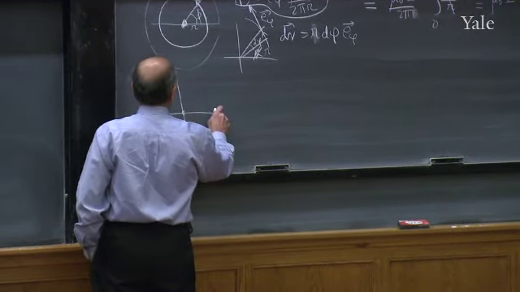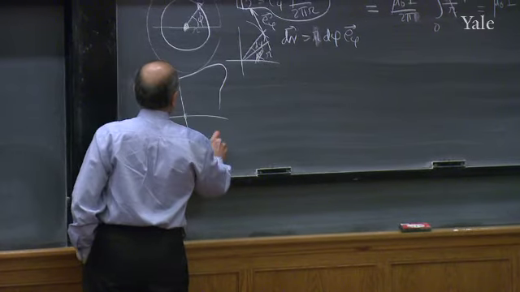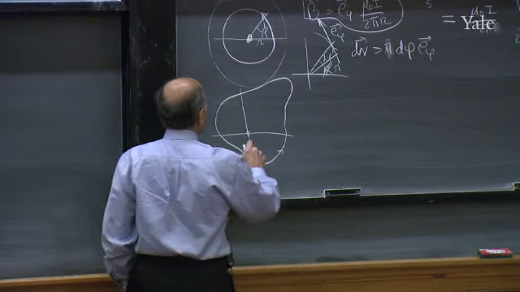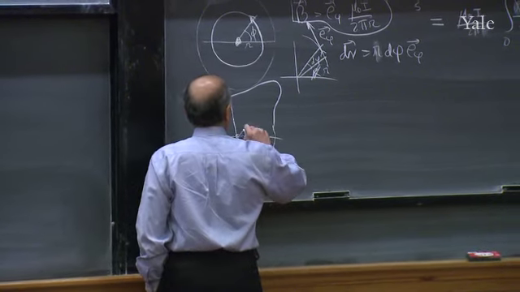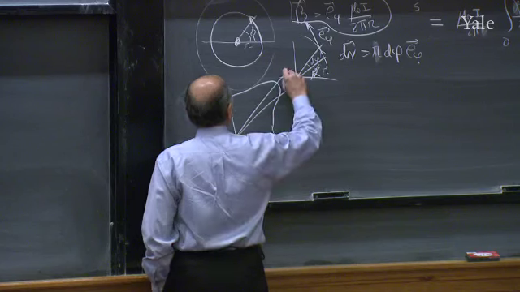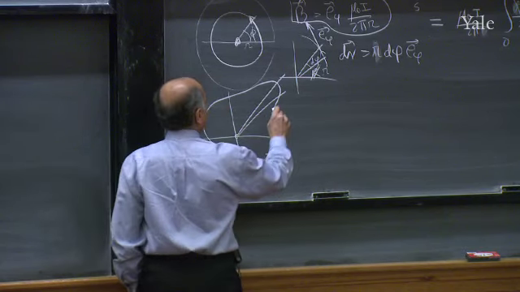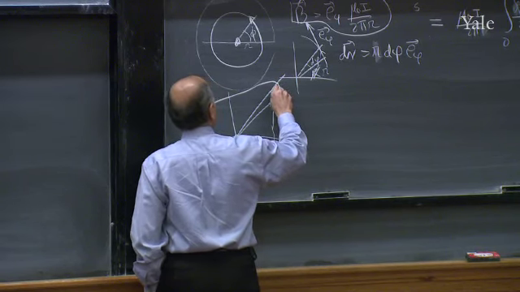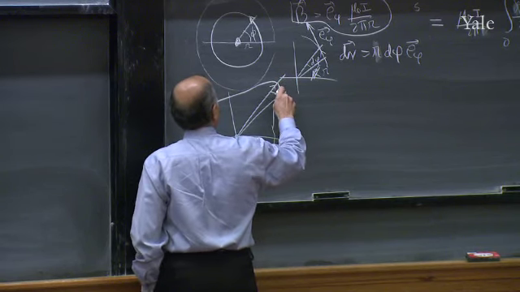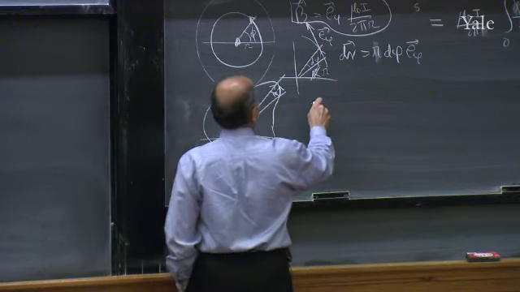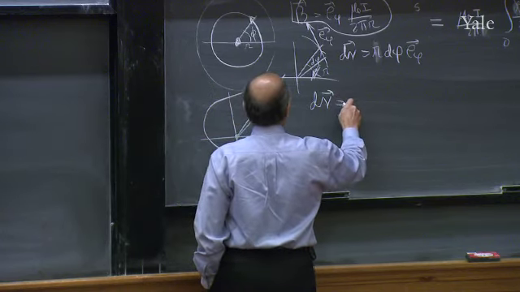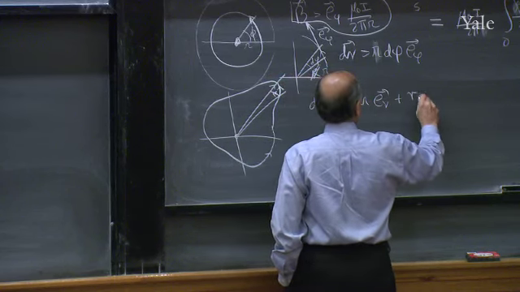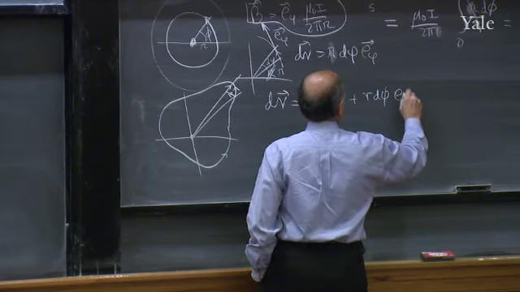So let the current be here. So take a loop like that. So take a portion of that loop, this portion here. It's got a radial part and a tangential part. So you can see the dl of the loop is dr times e_r plus r d phi times e_phi.